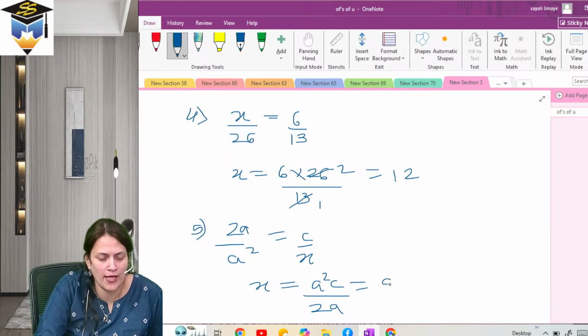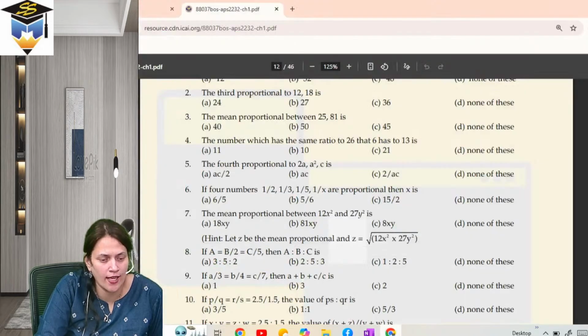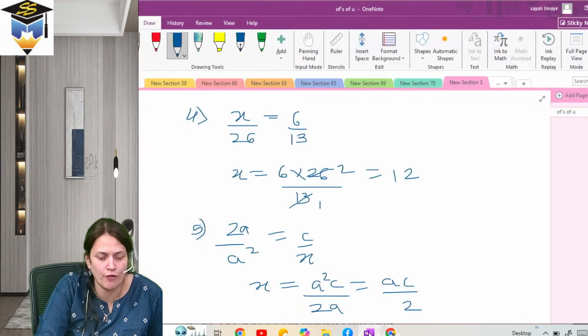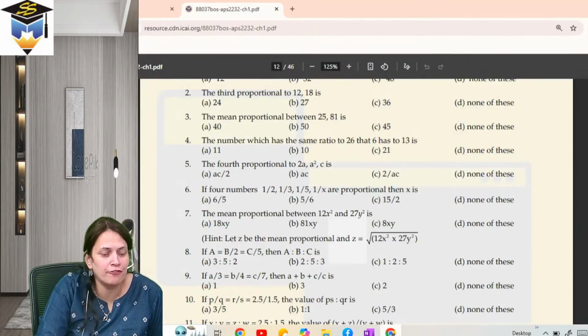So it is going to be ac upon 2. Correct? So याचा आन्सर आहे ac upon 2, option A for question number 5. So now let us go to the next part. These are very easy sums, so I am going a bit fast.